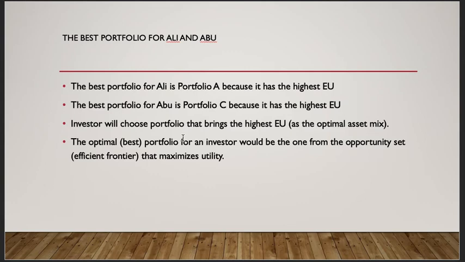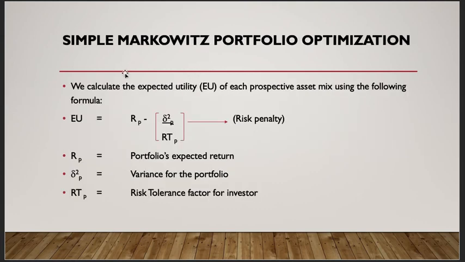The optimal or best portfolio for an investor would be one from the opportunity set, which is the efficient frontier, that maximizes the utility. So this is how we find the best optimized portfolio, or the best selection of the portfolio, for the investor using simple Markowitz portfolio optimization.